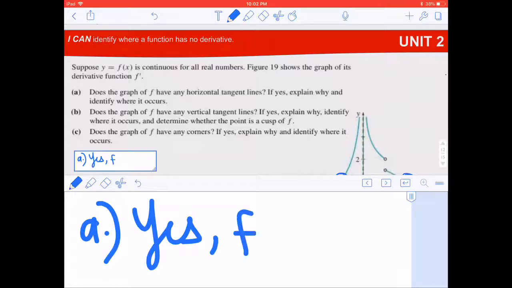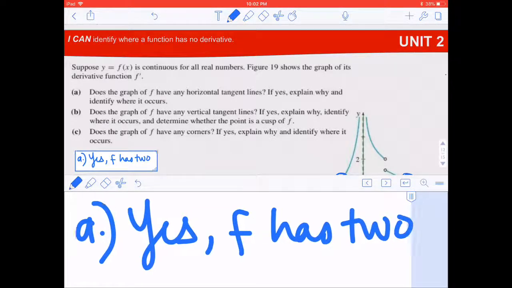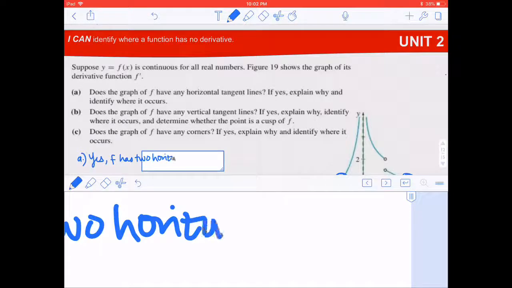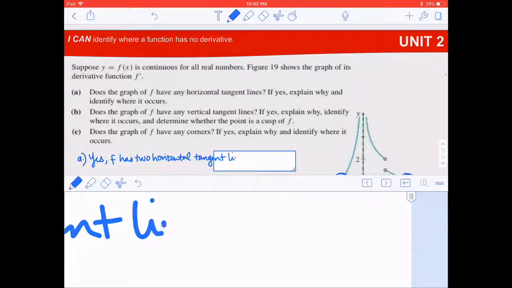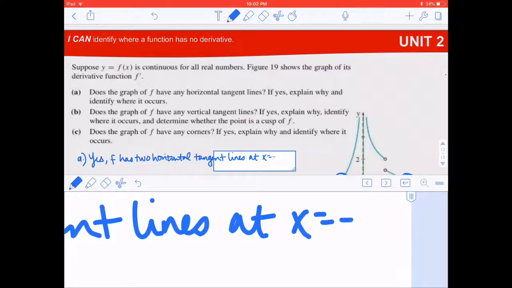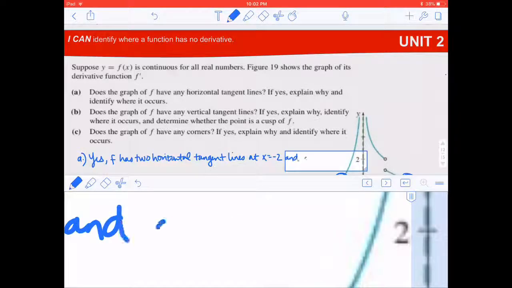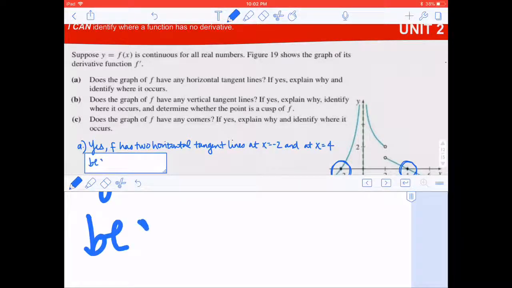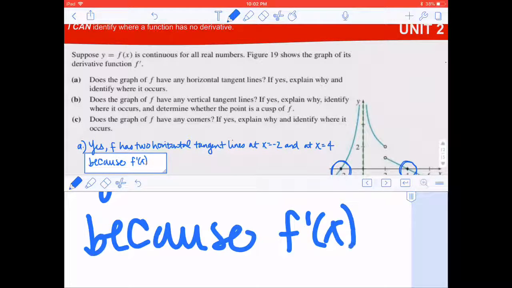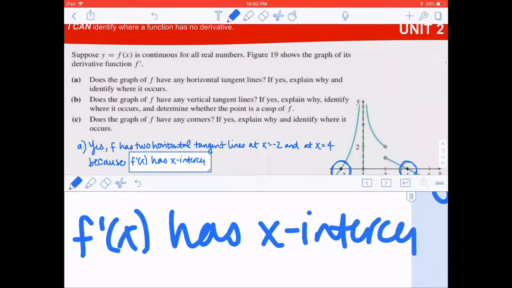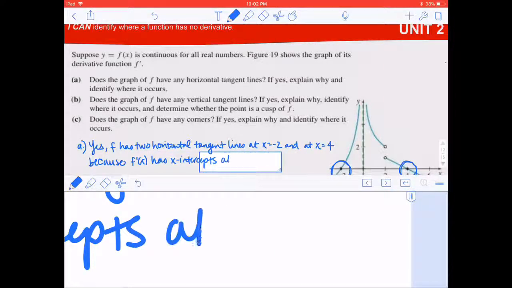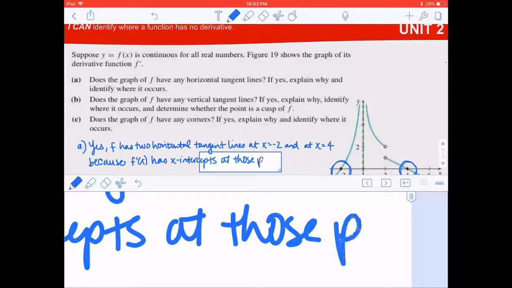Yes. f has 2 horizontal tangent lines at x equal to negative 2 and at x equal to 4, because f prime of x has x-intercepts at those points.